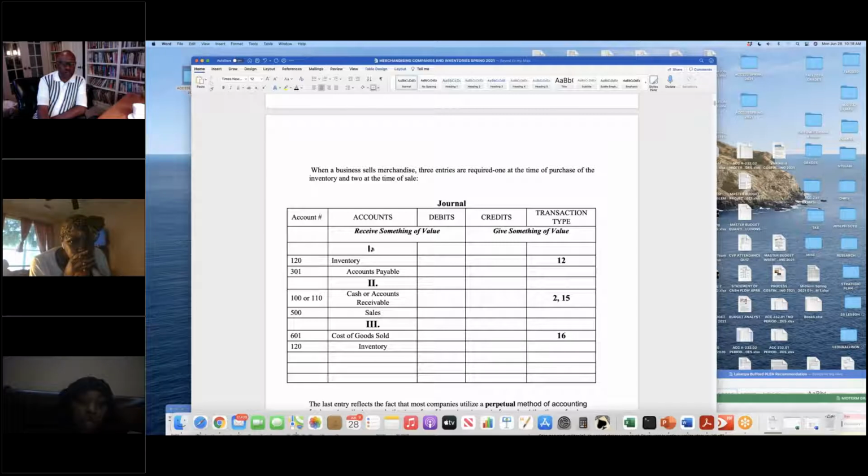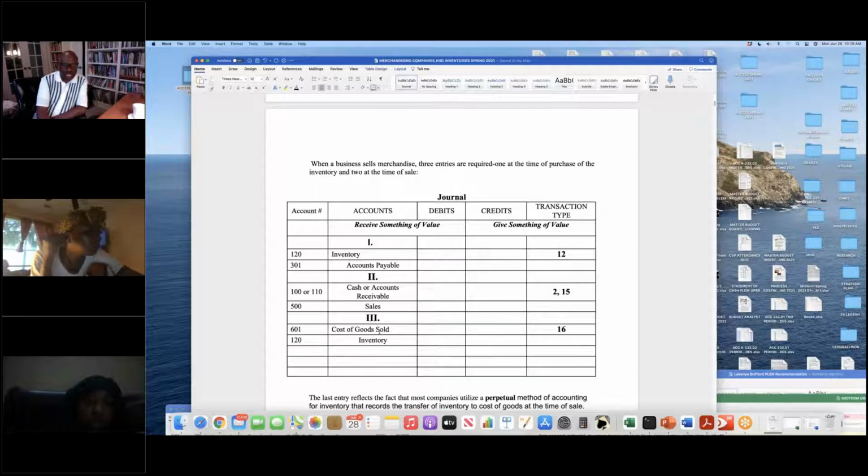The first entry, Roman numeral 1: we buy the inventory, debit inventory and credit accounts payable. In the second journal entry, when we sell inventory, we debit cash or accounts receivable, and credit sales. So that entry stays the same as before. But there's a third entry that we have to make: because we sold the item, we debit cost of goods sold and credit inventory.